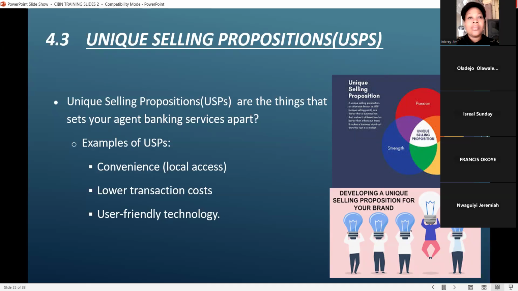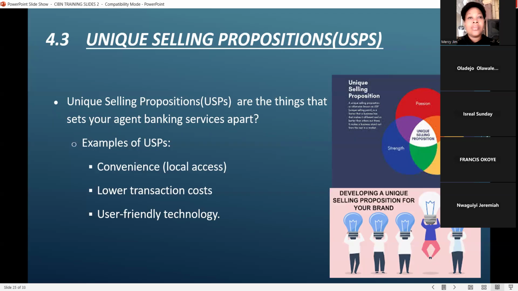Low transaction costs. You can see for those that are doing POS, even though CBN has increased the service charge on ATM withdrawal, people still don't use ATM the way they ought to. Because from my house to the nearest ATM point, to and fro, is 1,500.